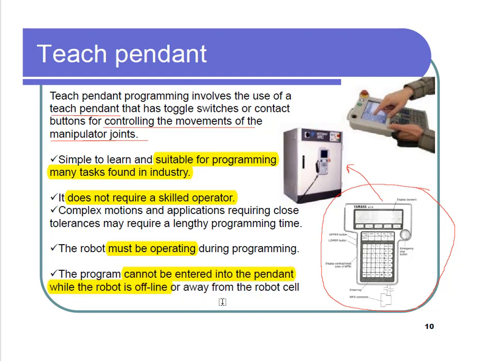This is the weakness of the teach pendant. At any time, the teach pendant must be connected to the robot controller, and at the same time the robot arm must be online. It cannot be offline. So these are the weaknesses of using a teach pendant.